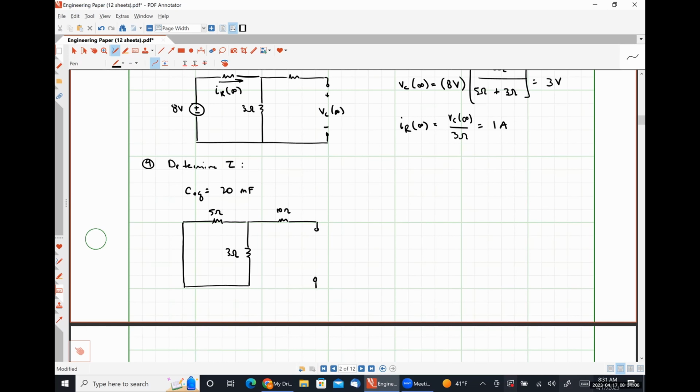And I look in through the terminals where my capacitor was. So to me, this looks like 10 in series with 5 in parallel with 3. So that's going to be 10 plus 15 over 8, so 95 over 8, if my math is correct.